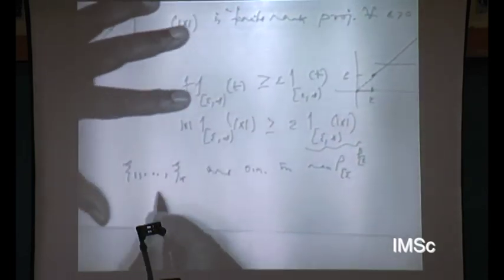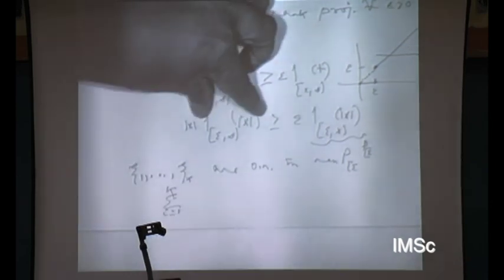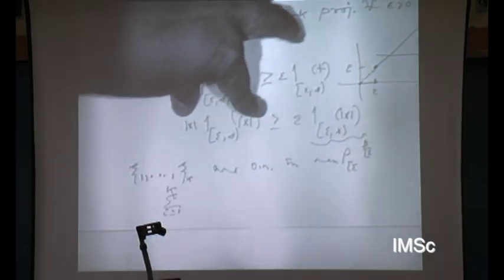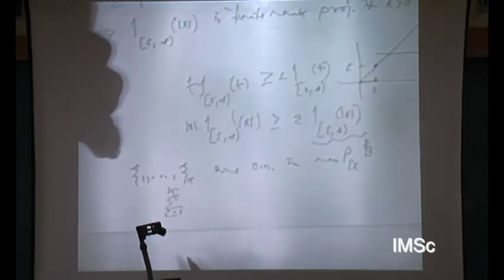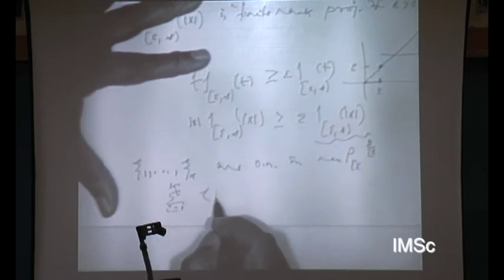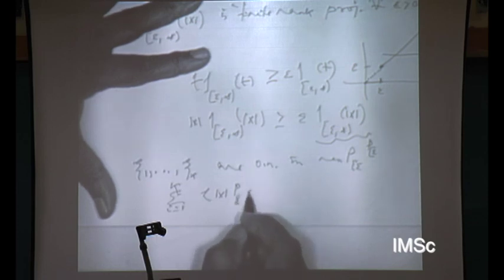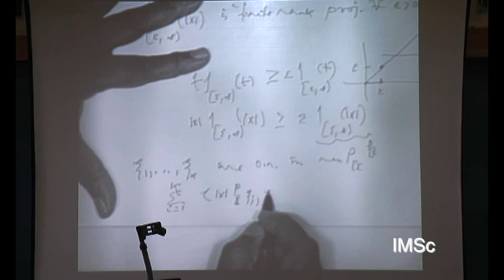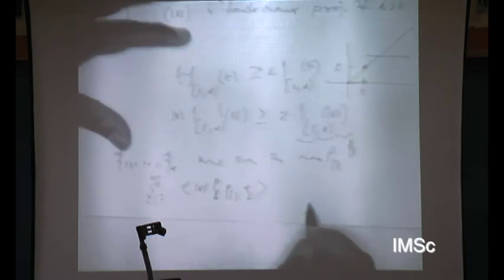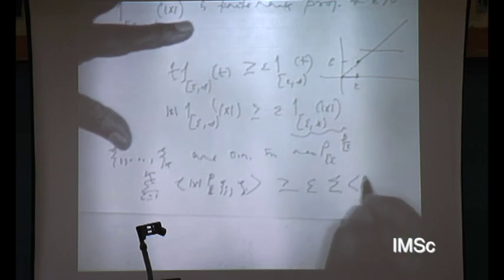Then this says that the summation i equals 1 to k of the inner product of mod x P epsilon xi i with P epsilon xi i is greater than or equal to epsilon times the summation of the inner products of P epsilon xi i with xi i.